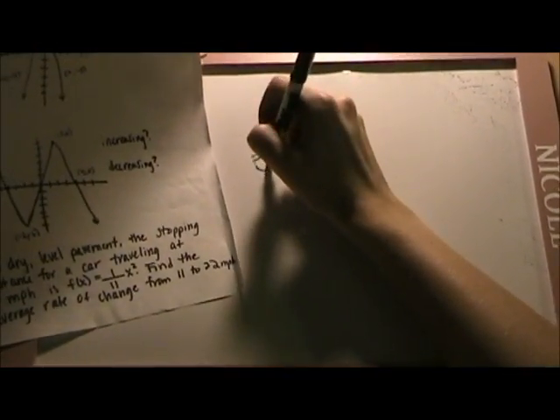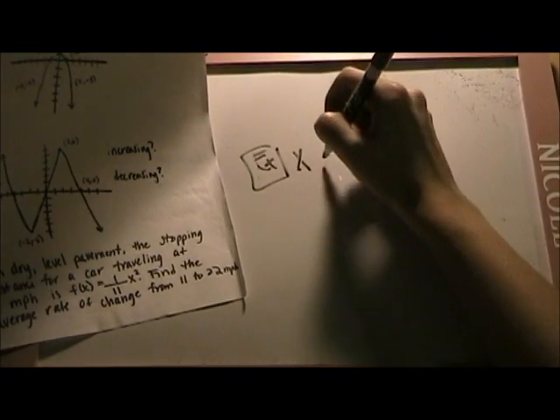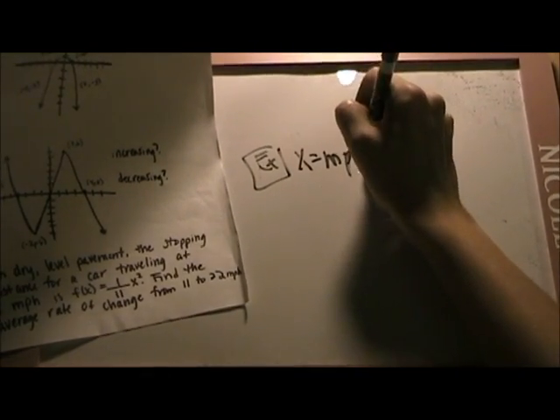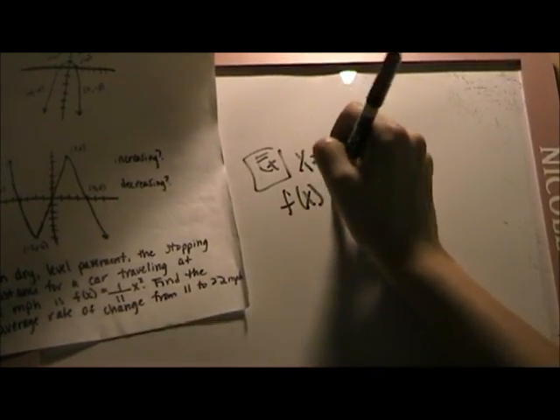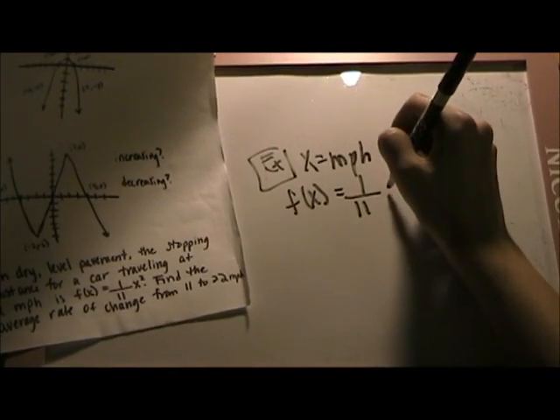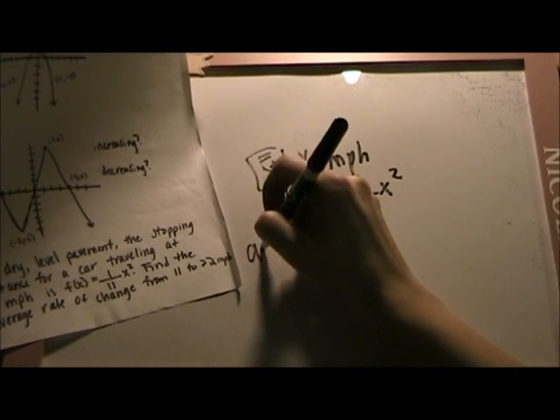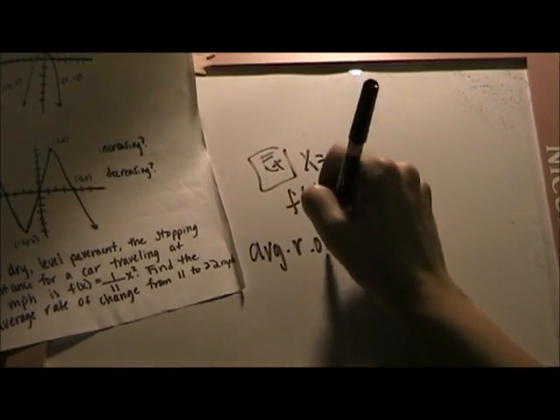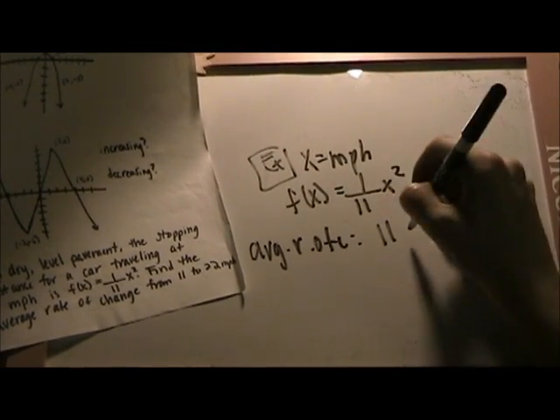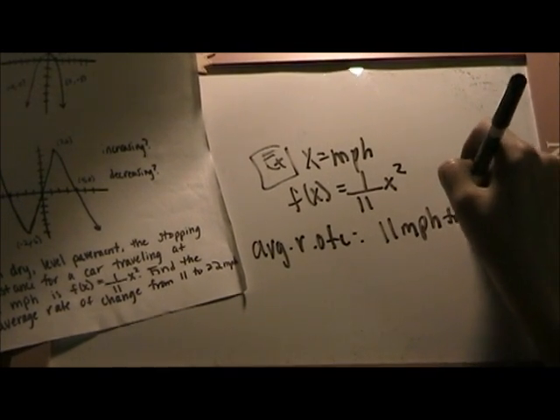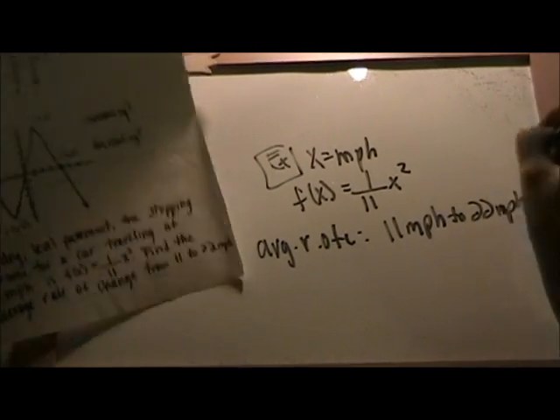So writing down the important information, x is miles per hour, f of x is 1 over 11 times x squared, notice nonlinear, and they want the average rate of change from 11 miles per hour to 22 miles per hour.